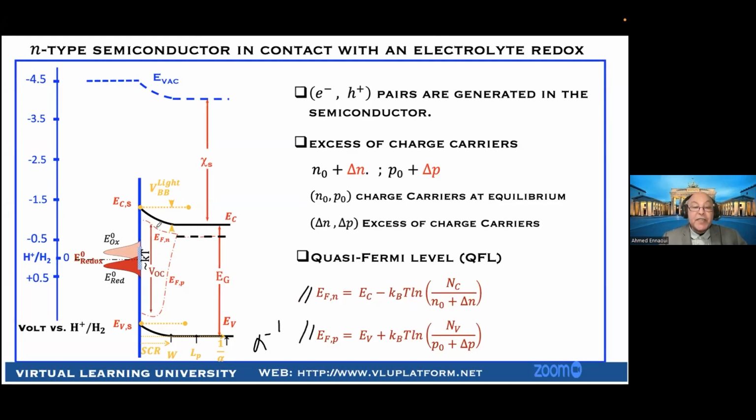What I show you here is a quasi-Fermi level for electrons and a quasi-Fermi level for holes. The relationship differs from the equilibrium by this excess of holes and electrons where the semiconductor is illuminated. All these schematics are very important, and we will repeat them again and again until you understand what's going on.